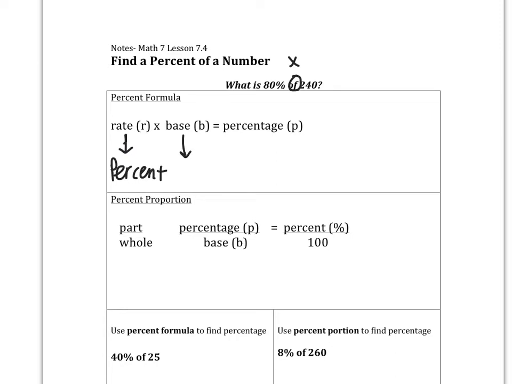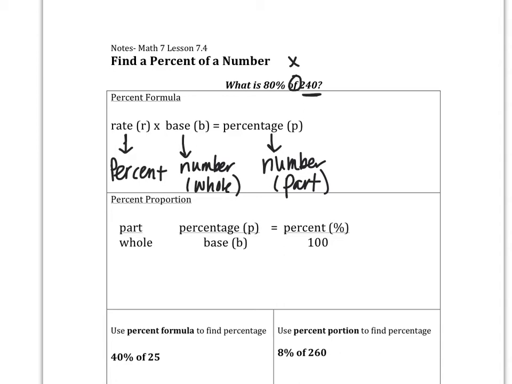The base is the number that it's out of. So in this case, it's 240, and that is called our whole. And then that is going to equal the percentage, or the number that we're trying to find. This one is the part of the whole that we're trying to find.